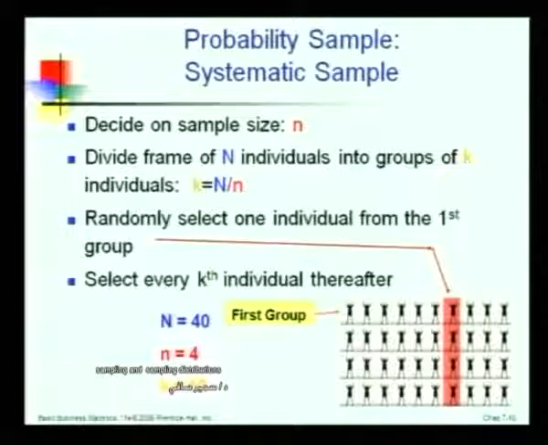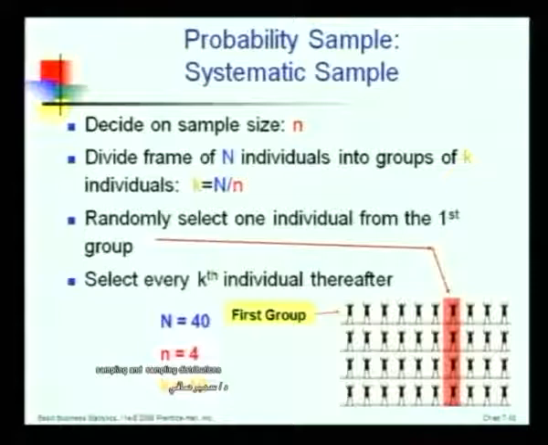We want 10 students out of 50, so my sample is 10. Now the step is 50 divided by 10, so there are 5 students in a group.